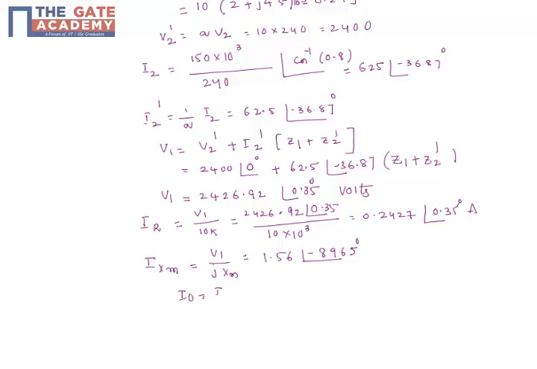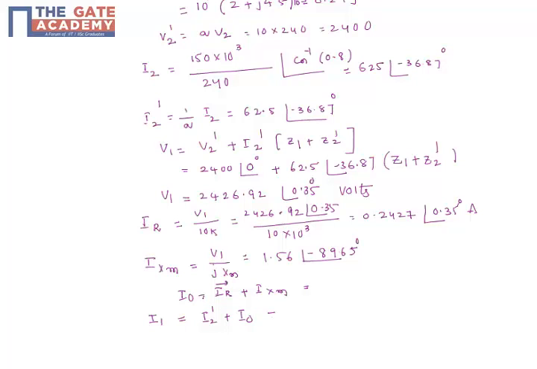Now what about I0? I0 is nothing but IR plus IXM. So you will get some value here. Then the input current I1 is equal to I2 dash plus I0.